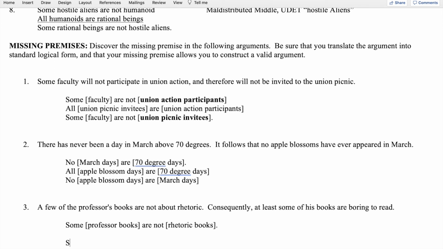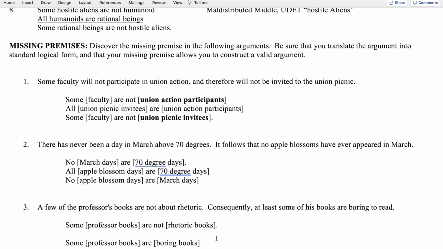So some, again, particular, some, his books, which means professor books, are boring books, right? Put the brackets on that. Now, perhaps you've noticed right away we've created unequal negation. So we have a particular negative premise, but a particular affirmative conclusion.